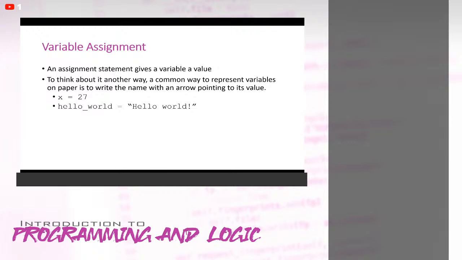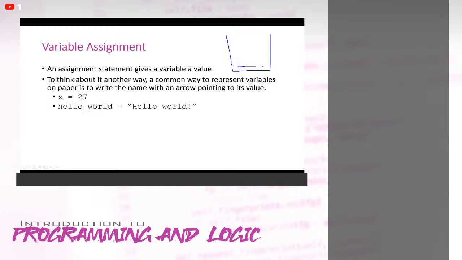So let's break this down and talk about x equals 27 in terms of our container analogy. On the left-hand side, we have our declaration. We have this variable named x. Normally we wouldn't want to use a variable called x because it's not descriptive enough, but since there's no context here, it's a little hard to be descriptive. Essentially, we're establishing this container.